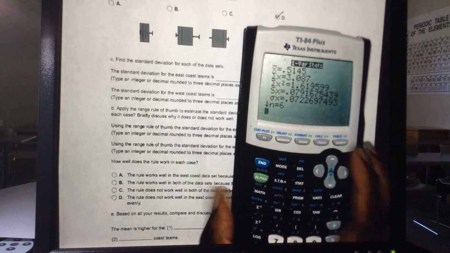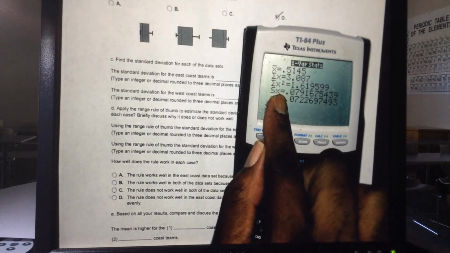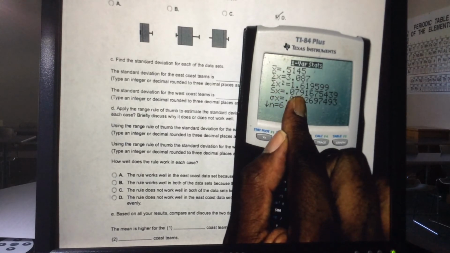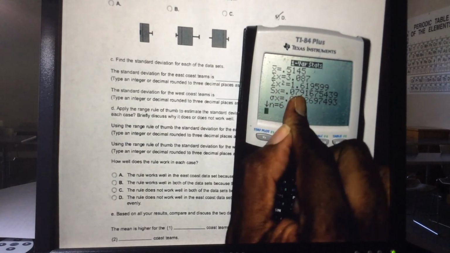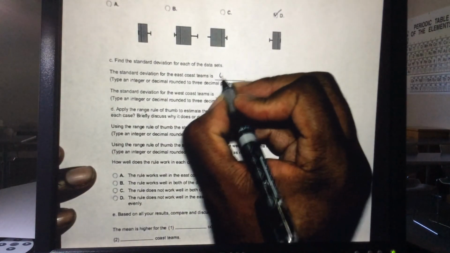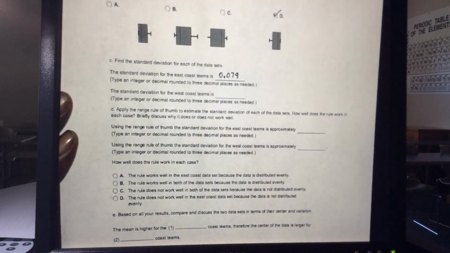Okay, the one that I want to select is the capital S with an X behind it. This is your standard deviation. That's going to be 0.079 for the East Coast teams.